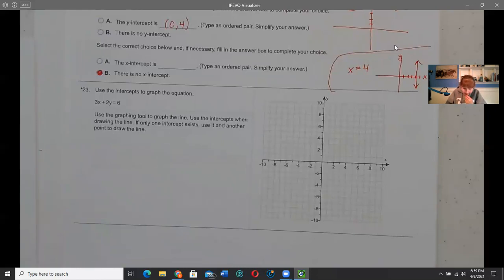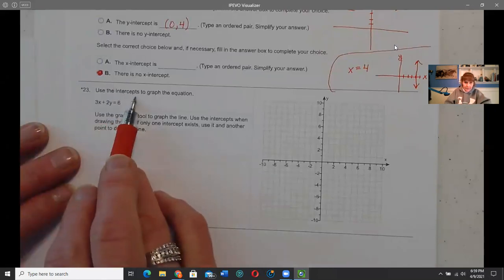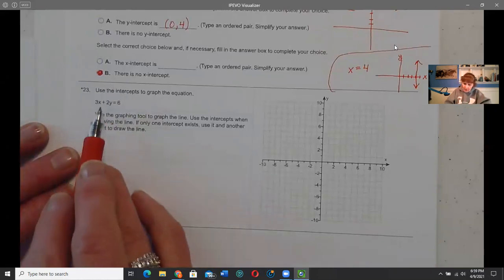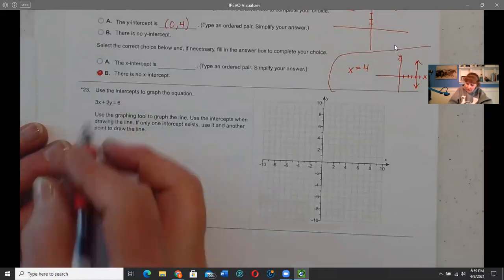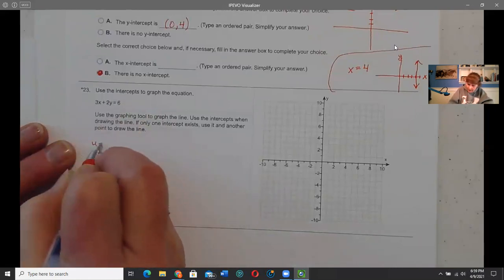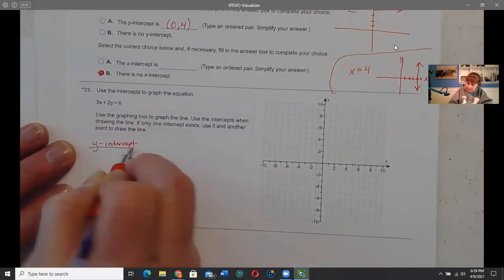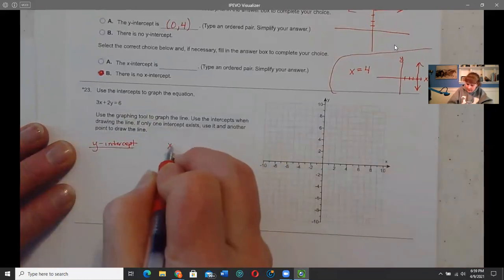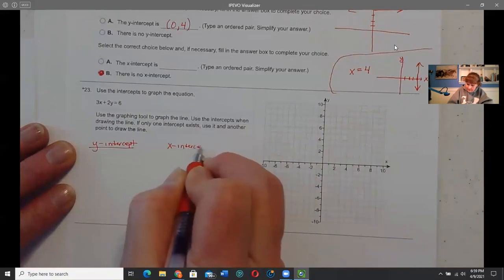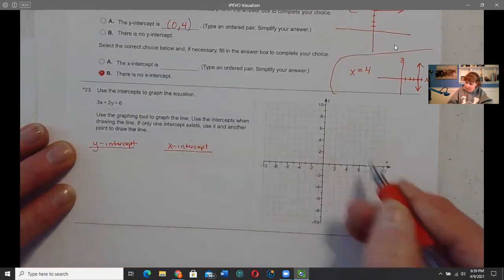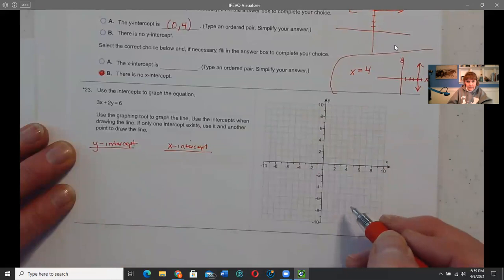What we're going to do to graph this is use the intercept method. Here we'll find where it hits the y-axis first, and then the x-intercept, and then we'll just connect them up.